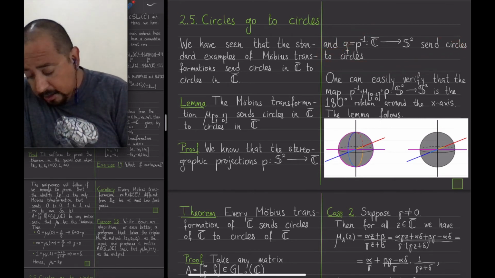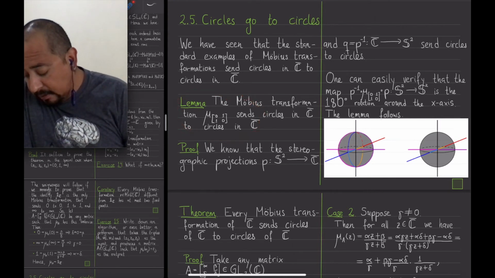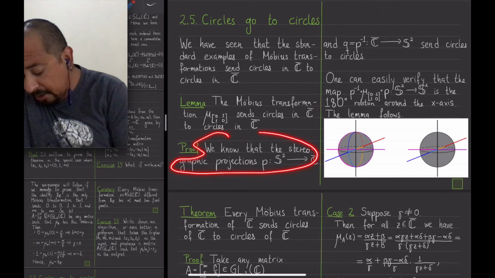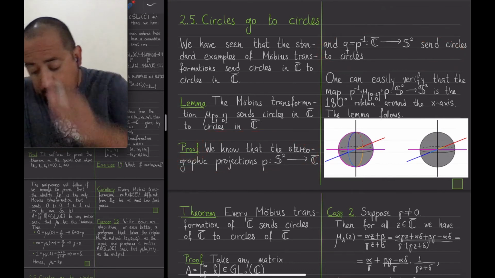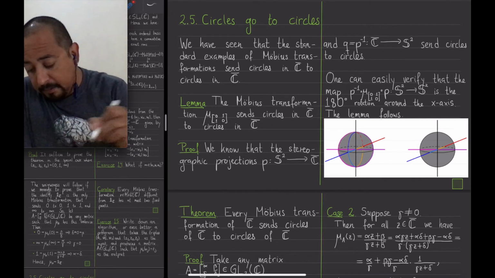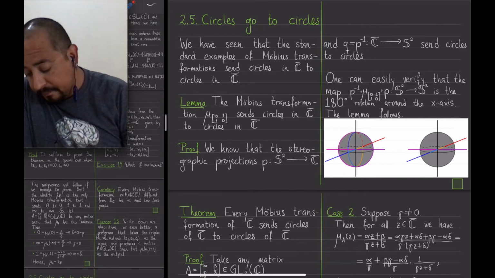Okay, anyway, so let's prove this lemma. Now we know that stereographic projections send circles to circles using this plane argument and this basic algebraic manipulation argument. Okay, fair enough.